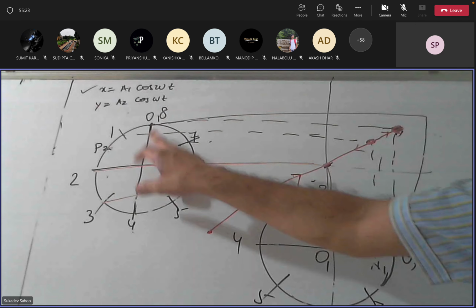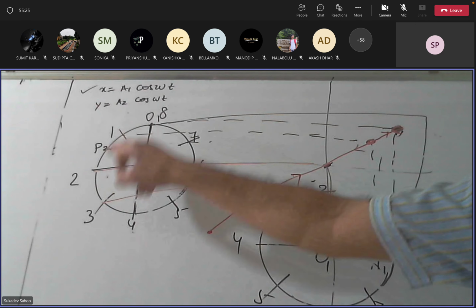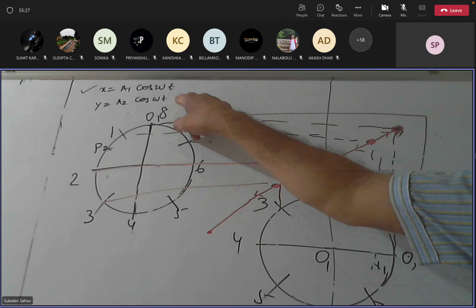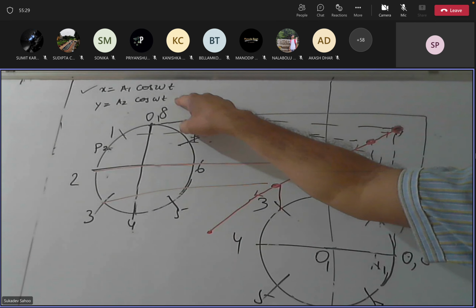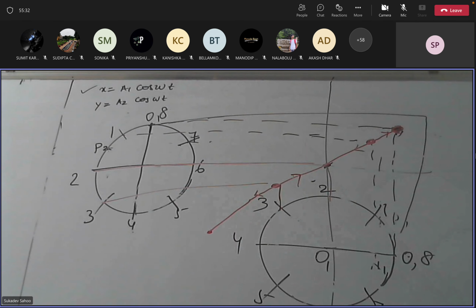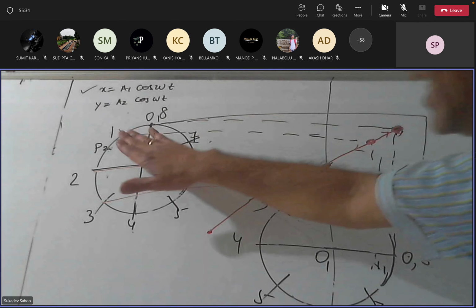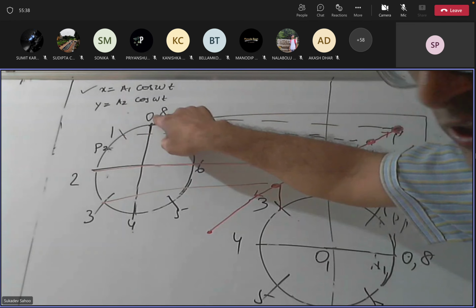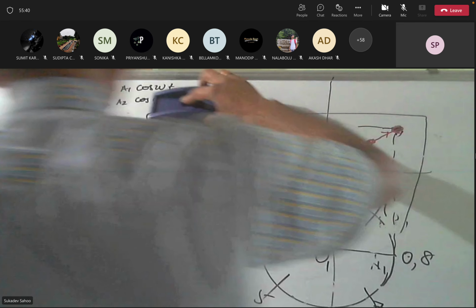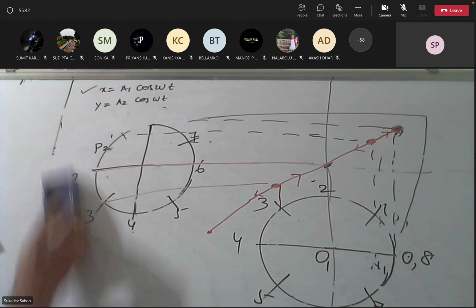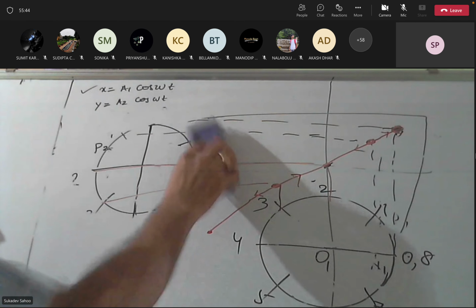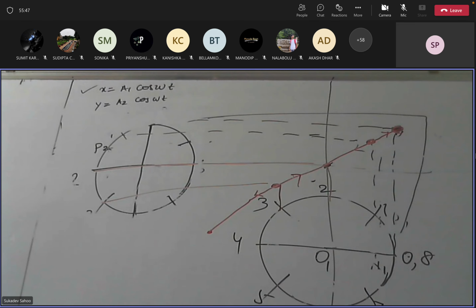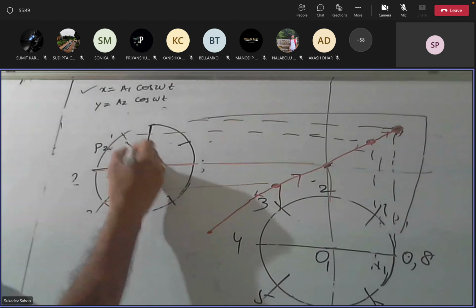For example, now you see it is divided into how many parts? 8 parts. If you take here delta equal to pi by 4, then what will happen? Your numbering will start from here. Instead of 0, your 0 will start here, then the second one. Why? Because each part is delta by 4.